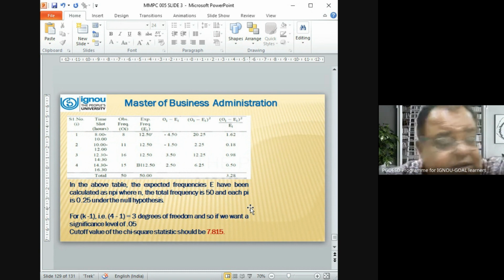What will be the answer? To accept the hypothesis or to reject the hypothesis? Your calculated value is 3.28 and your tabular value is 7.815. Will you accept the hypothesis or will you reject the hypothesis?